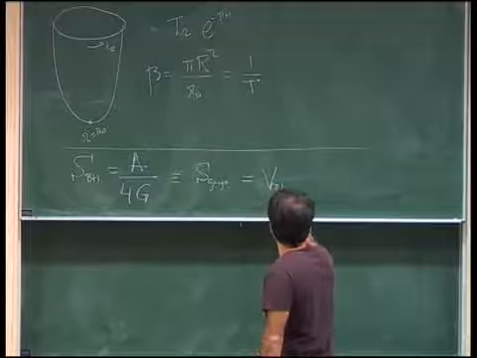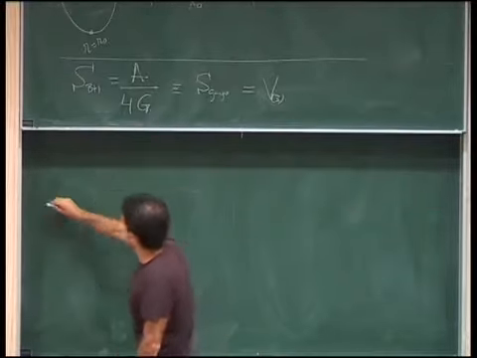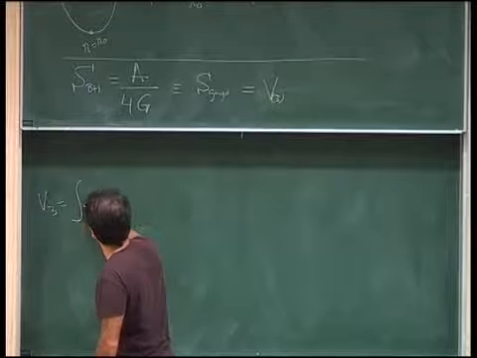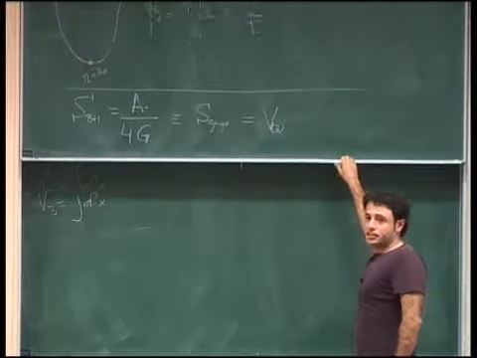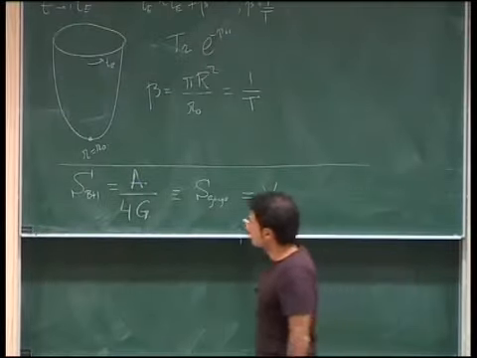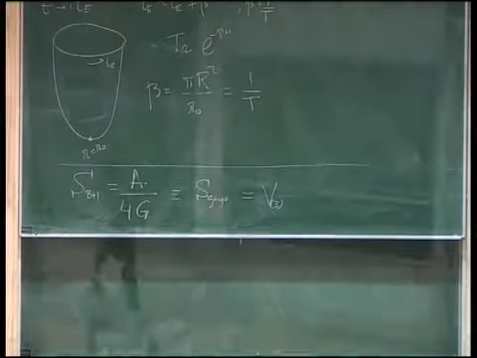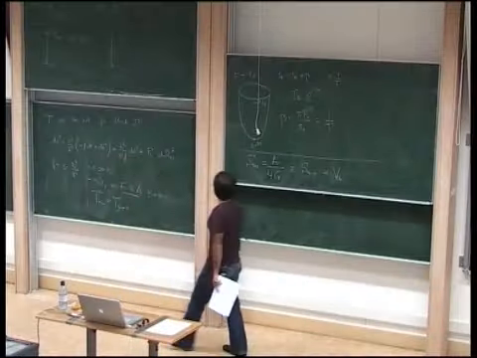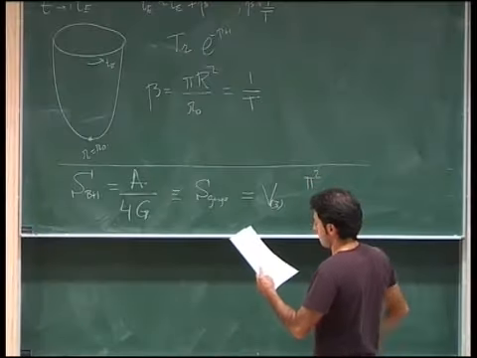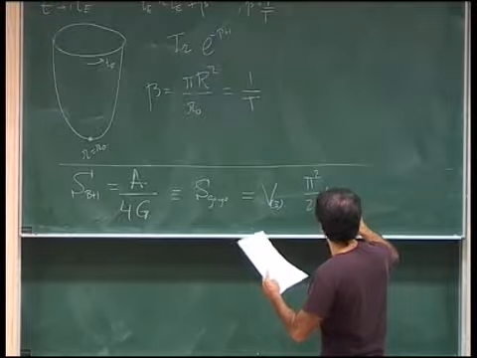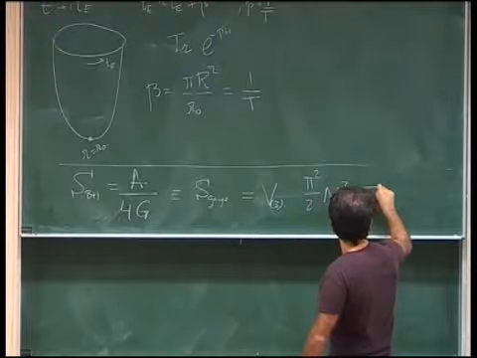So this V3 is just the integral d3x. But the entropy density is finite. And if you compute that, what you get is pi squared over 2 N_c squared T cubed.